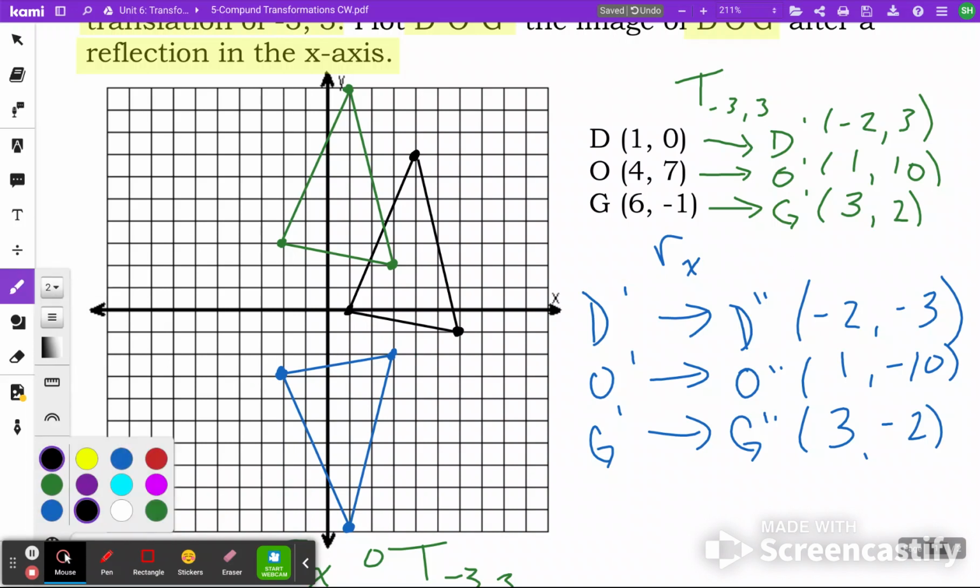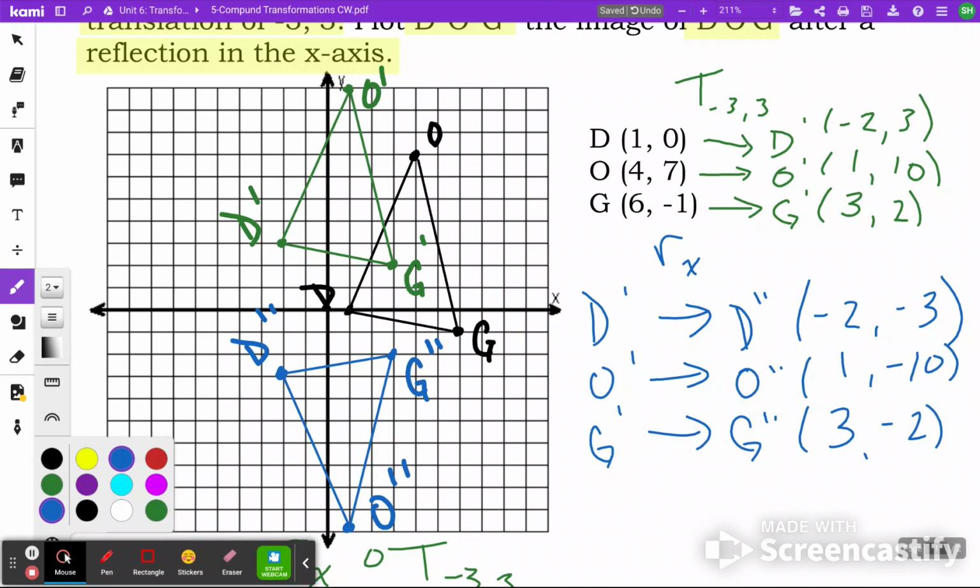And so I'm going to go ahead, now that I won't interrupt these labelings with any other points. That is DOG. Then I will do D prime, O prime, and G prime. And then I will do D double prime, O double prime, and G double prime.